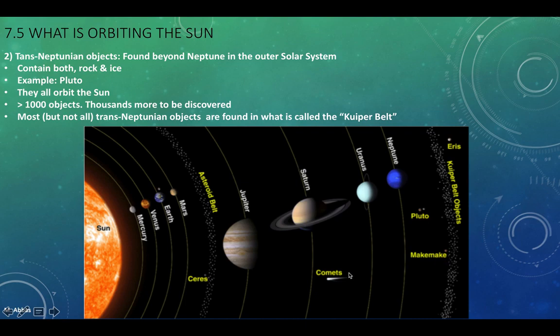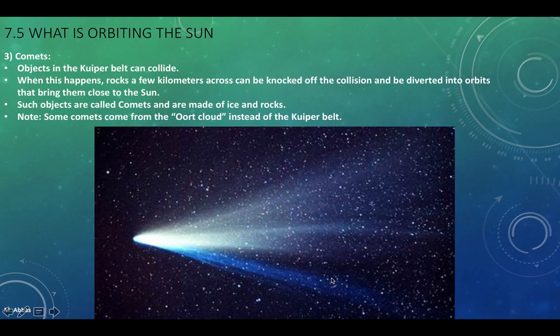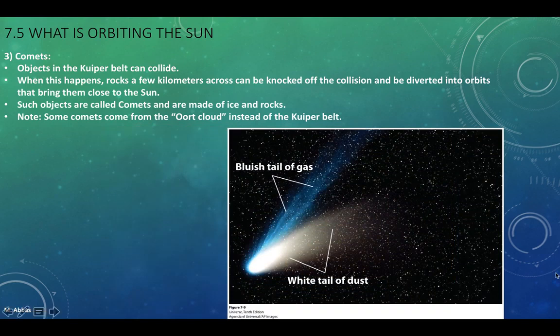They are moving towards the Sun, and because they are moving really fast and getting closer to the Sun, the Sun will heat them and increase the temperature of these objects, and what we will see is something like this. You're going to have a white tail of dust.